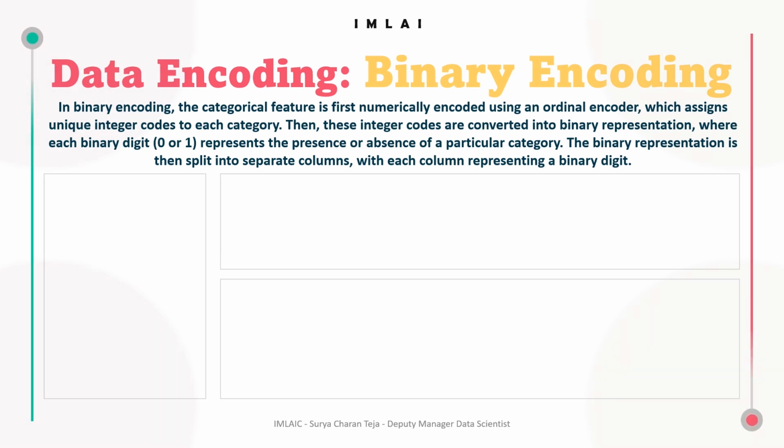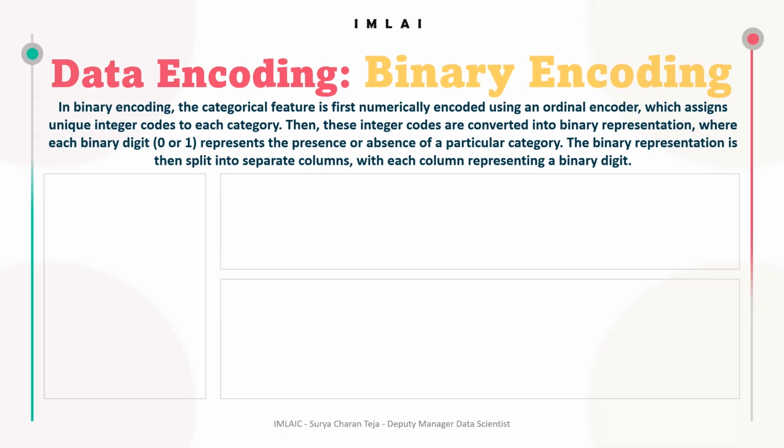When I say it uses zeros or ones, you may think that it is similar to one-hot encoding, but not exactly. It uses the principles of label encoding and also one-hot encoding. What is that? We will see. In binary encoding, the categorical feature is first numerically encoded using an ordinal encoder, which assigns unique integer codes to each category.